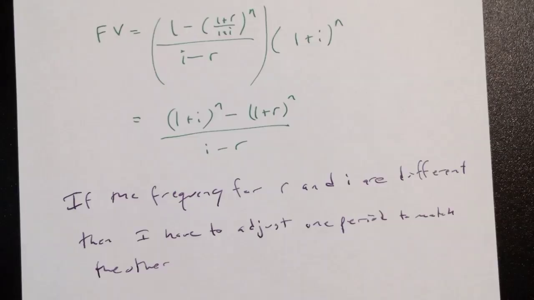Usually we adjust to whichever period is longer. So if I'm making deposits monthly and my interest is being calculated monthly, but my adjustments only happen once a year, I'm going to adjust monthly to annually.